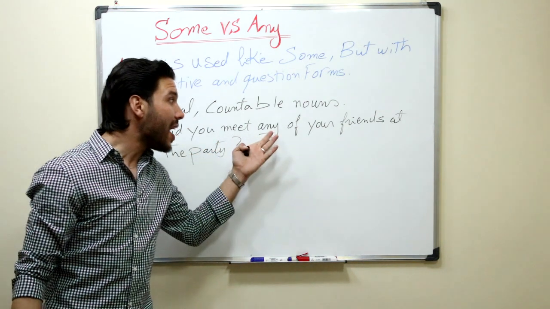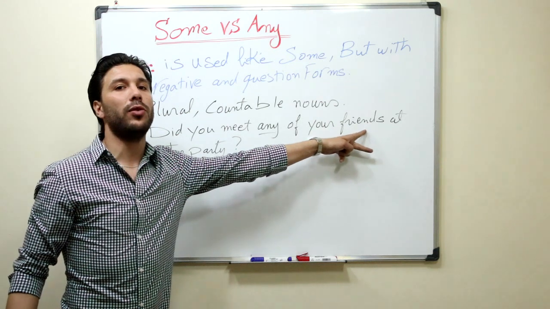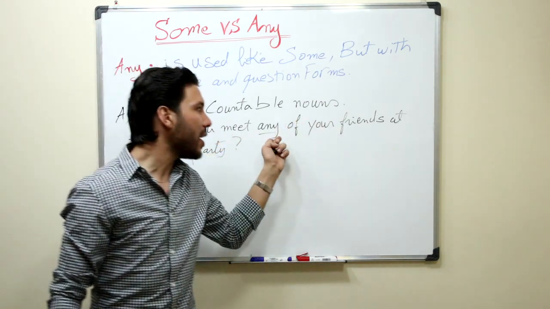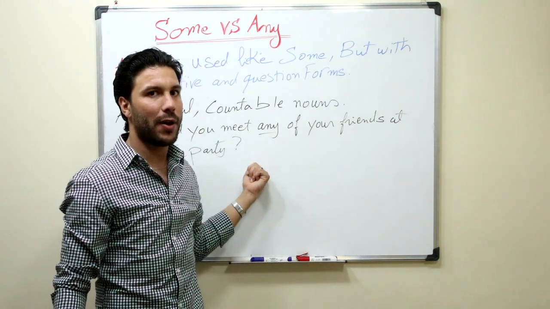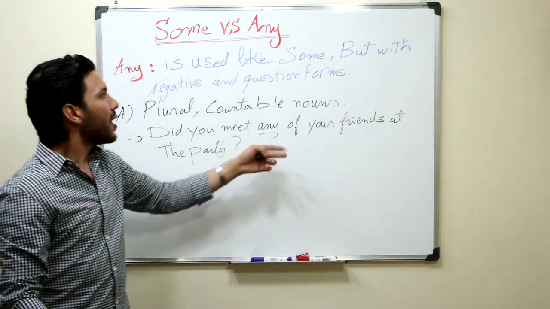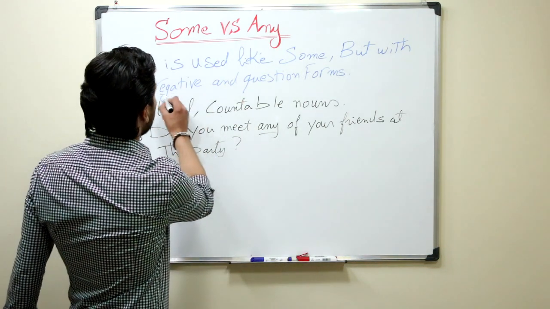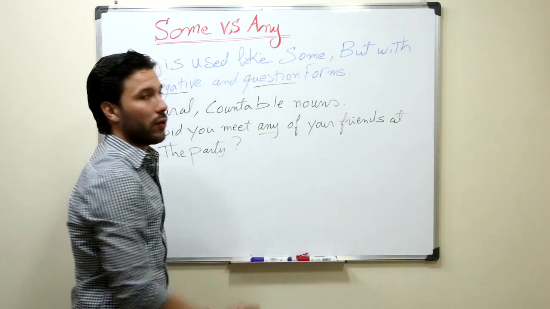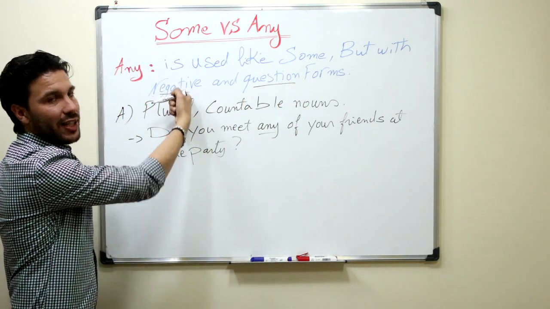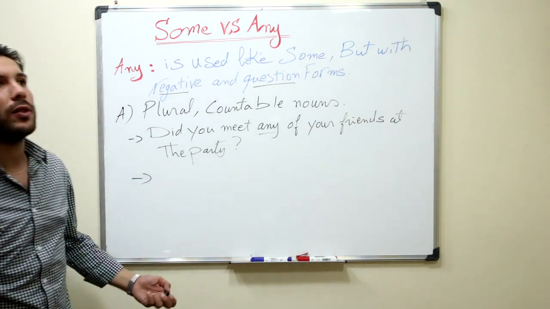Did you meet any of your friends? That is a countable noun as well as plural. Did you meet any of your friends at the party? And it is a question, not positive. Here it says with negative as well as with question forms. So we have done with questions. Let us move to negative.